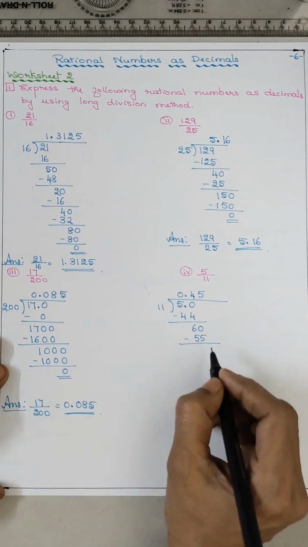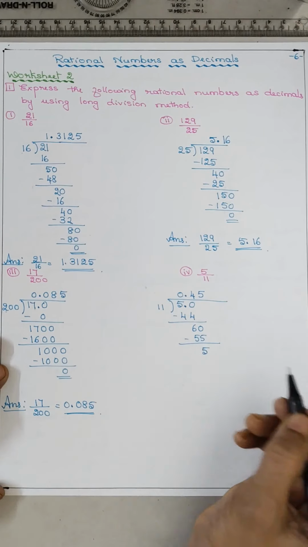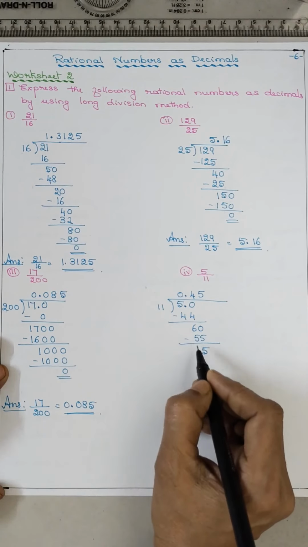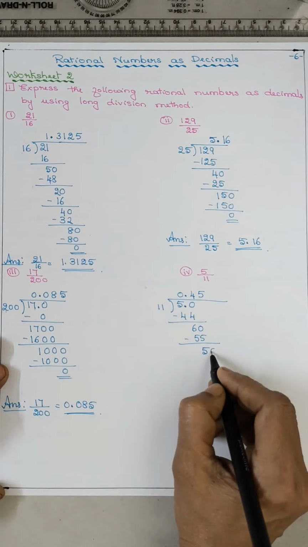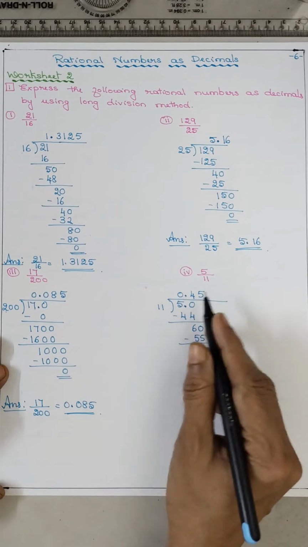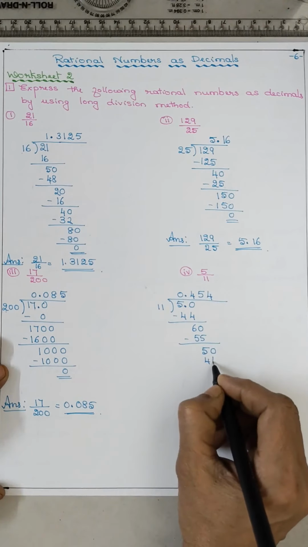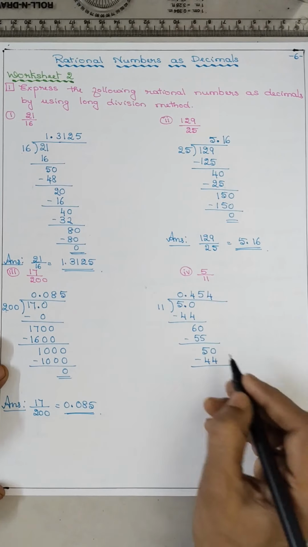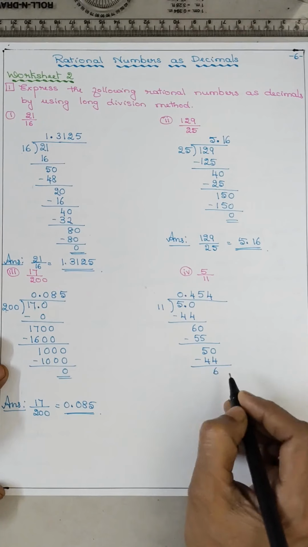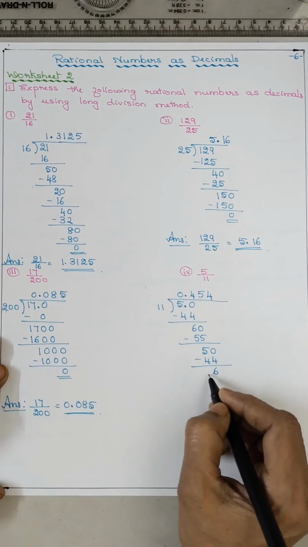Now 10 minus 5 is 5. Here it is 5 minus 5, 0. Take extra 0. 11 how much are 50? 11 4s are 44. 10 minus 4, 6. 4 minus 4, 0.